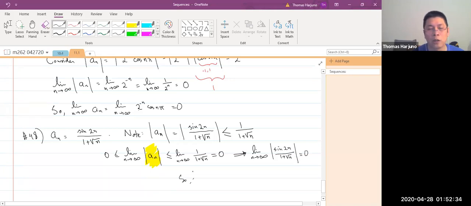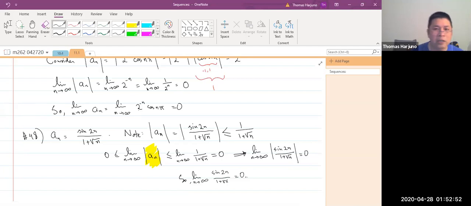Therefore, the limit as n goes to infinity of the one without absolute value will also be equal to 0.